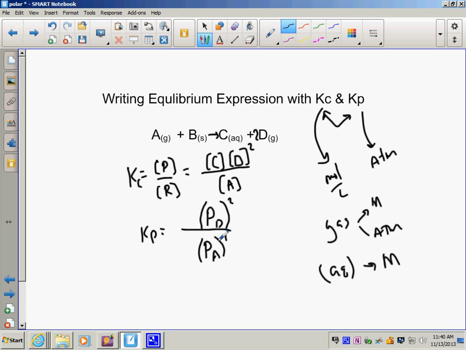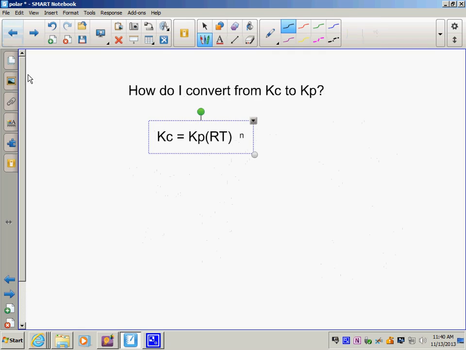Now let's go back to switching between Kp and Kc. This is an equation that used to be on the laminated sheet for the Advanced Placement Exam, and as of 2013, it just isn't there. So I'm assuming this is really just a plug and chug formula, one that they're maybe not expecting you to do anymore, or they would give it to you if you need it.